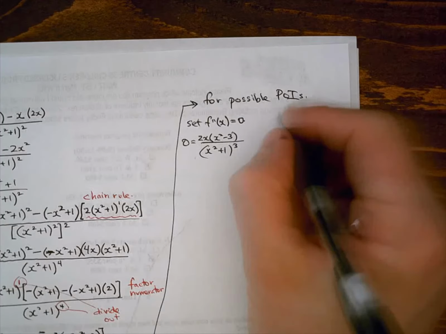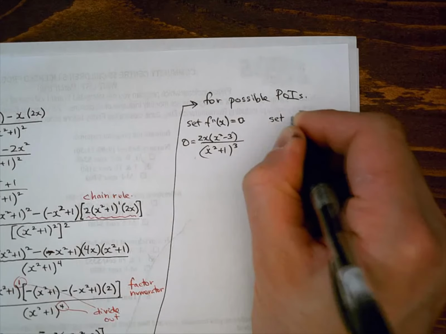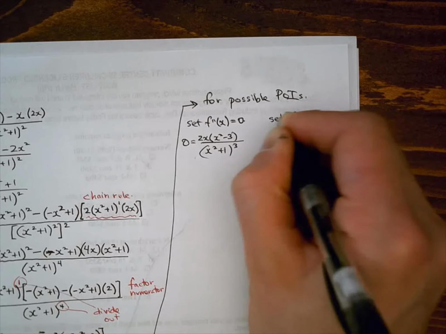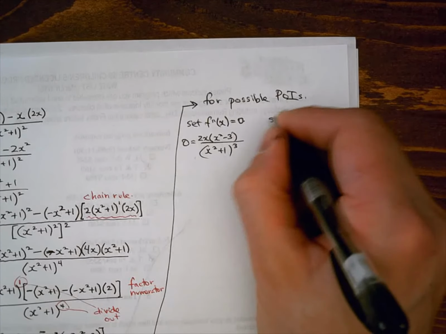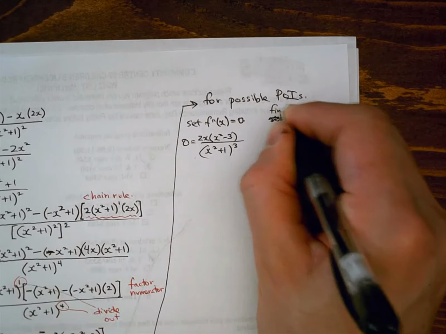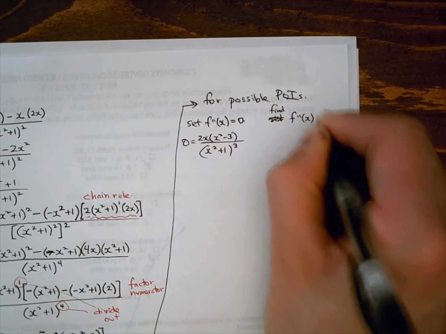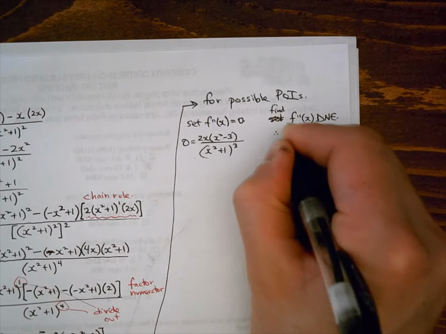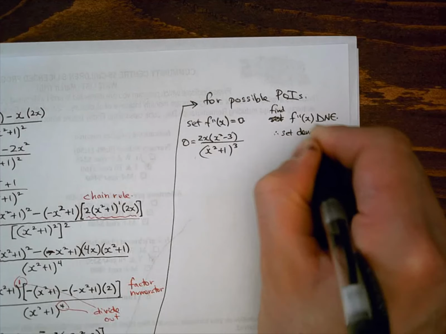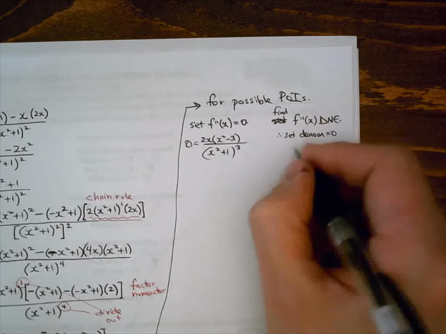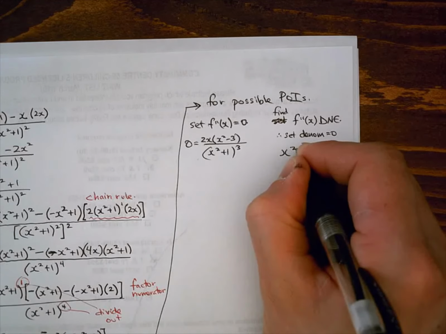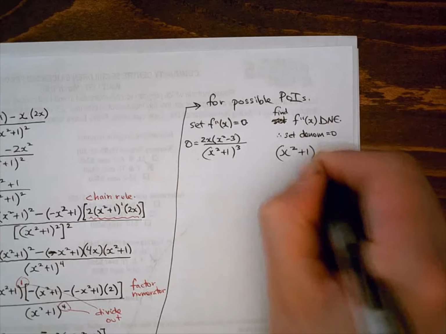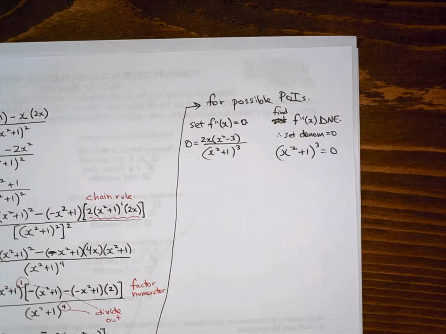However, there's that other option too, which is to find the points where the second derivative does not exist. In other words, we set the denominator equal to 0. So in this case, x squared plus 1 to the power of 3 is equal to 0. So those are the two cases I need to do to find the possible POIs.